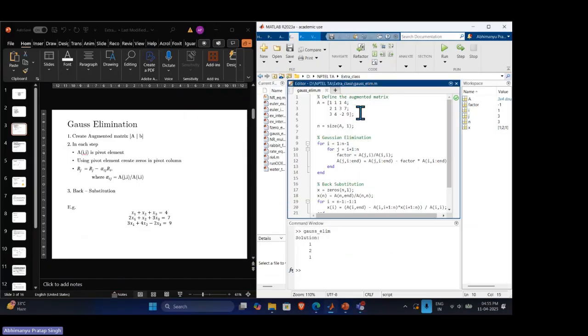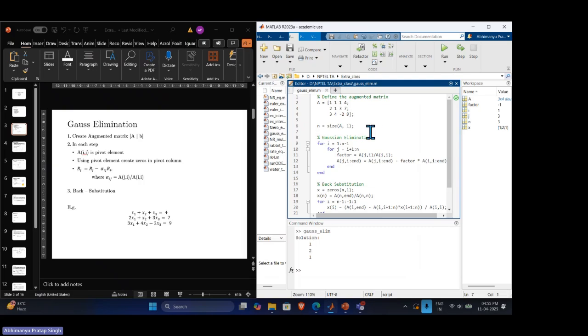This is our augmented matrix: 1 1 1 4, 2 1 3 7, 3 4 -2 9. I have written this as A, but it's not A, it's basically A along with B. And now the unknown n is just how many rows are there in the matrix.